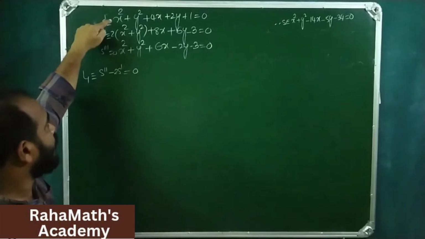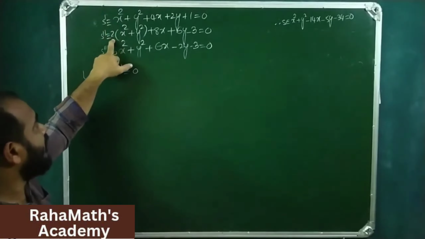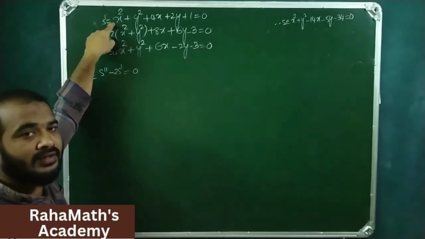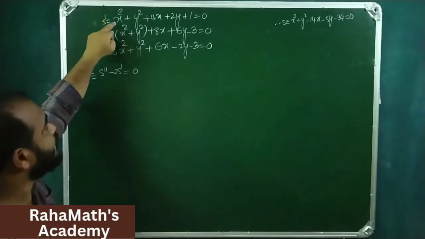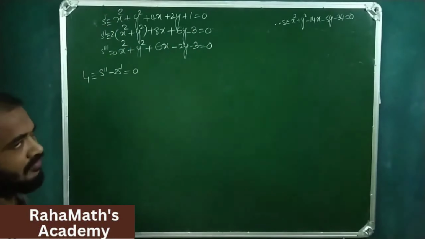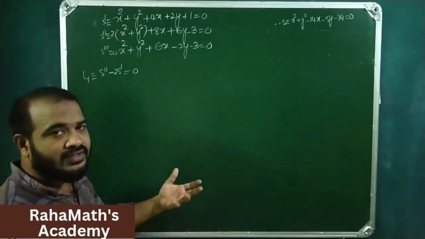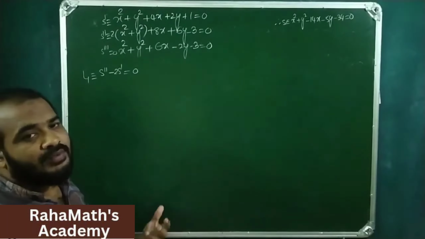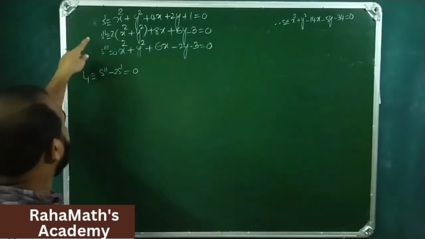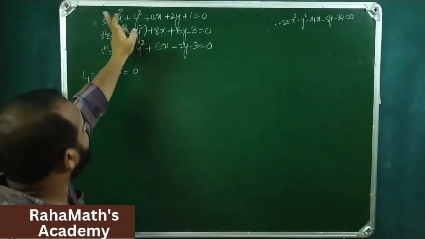Therefore, to this we may divide by 2, or we will multiply with the 2. This is better, because otherwise we will be getting fractional values. Of course, if we get fractional values also, no problem, but the simplification would be a little bit difficult. So, S double dash minus S dash. 2x square, 2x square cancel.